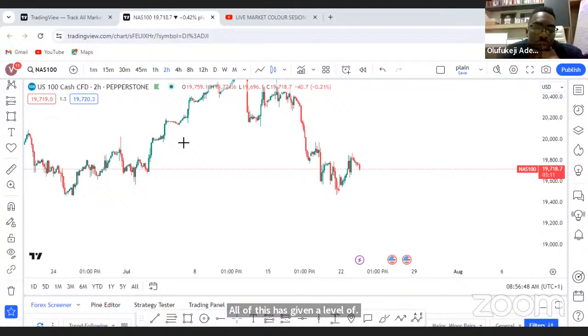That's why you may have noticed that we have not seen very clear direction or very clear moves. And the closer we get to the elections in the US, the more it will affect the global equities markets, especially NASDAQ 100 and S&P 500.